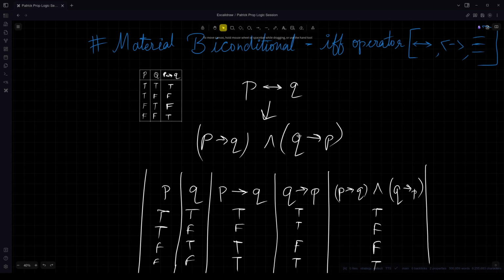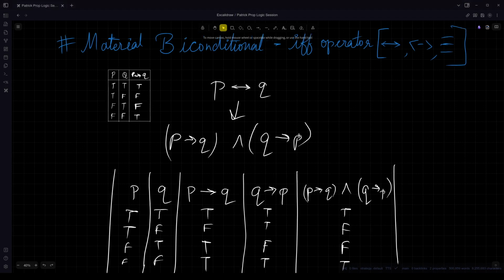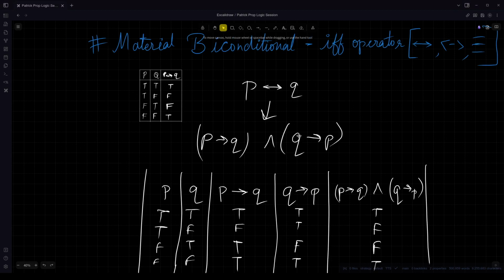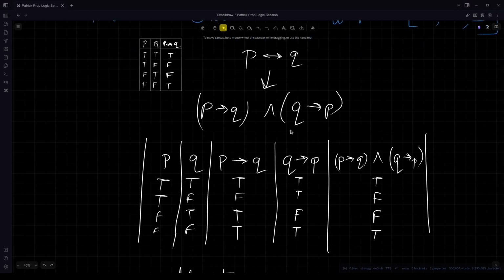After that, we did a proof here. We proved that when P implies Q and Q implies P, it's the same as the material biconditional. The best way to do this is like doing maths: you do what's in the brackets.